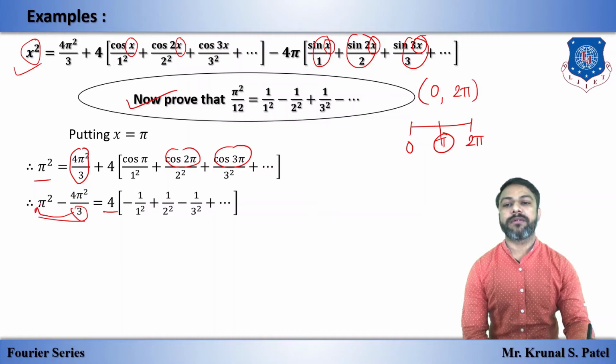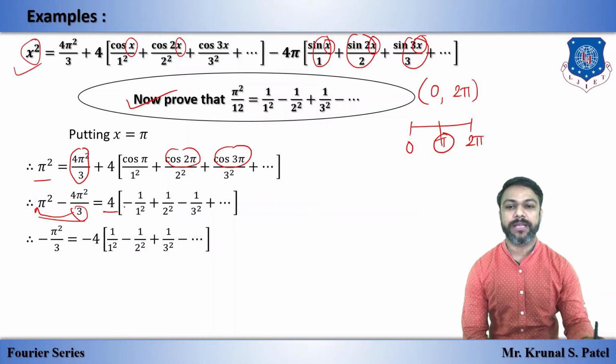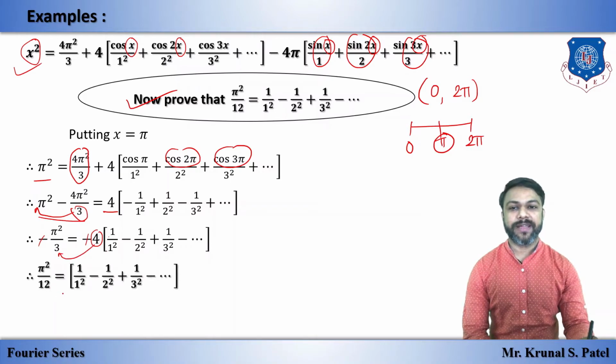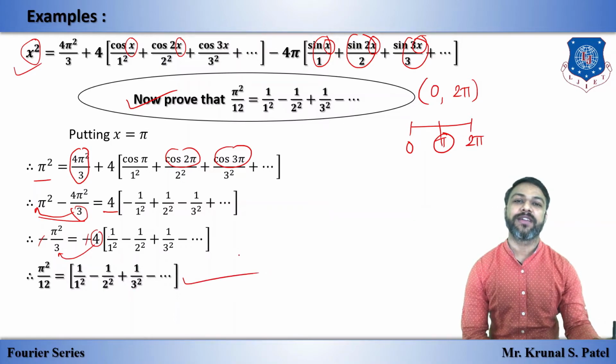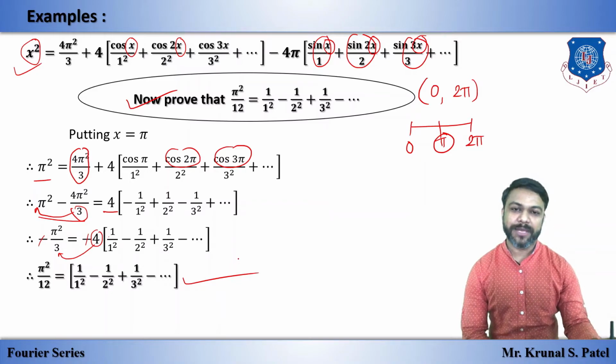We have 3 pi square minus 4 pi square, which is minus pi square by 3, and if we take minus outside, so minus becomes plus, plus becomes minus, and we can cancel out this minus from both sides and take 4 to the left hand side. So 4 multiplied with the 3. So we have pi square by 12 equals 1 by 1 square minus 1 by 2 square plus 1 by 3 square minus and so on. This is our final proof.